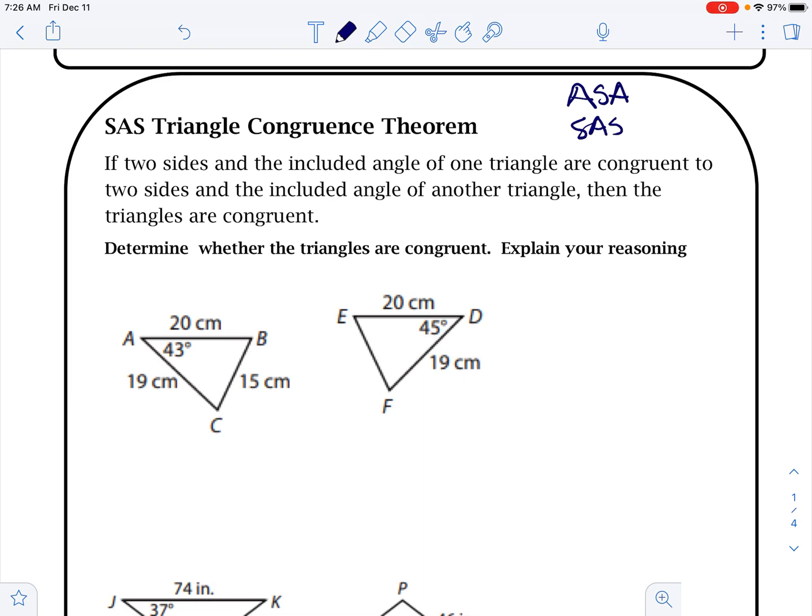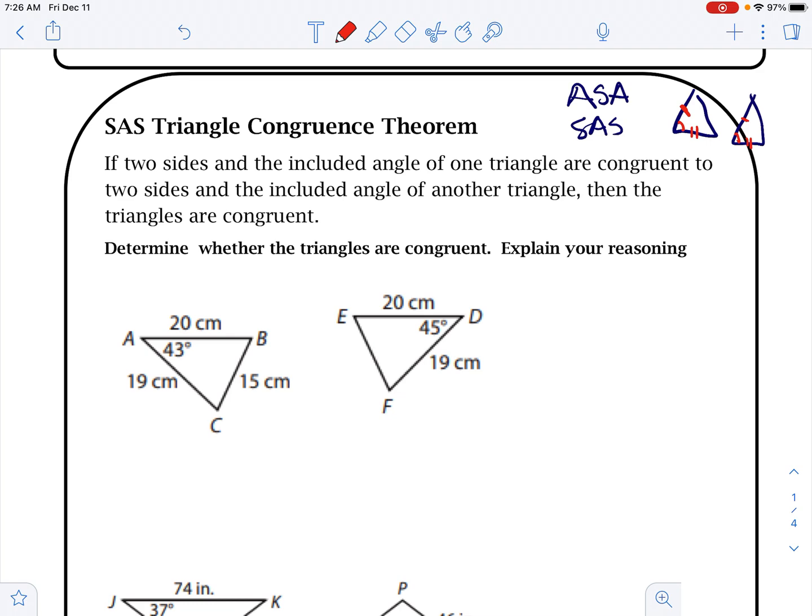What's important to understand is that with side angle side, when we're talking about the triangles, the angle that's included needs to be between the two sides. So I need to have a side, then an angle, and then another side.